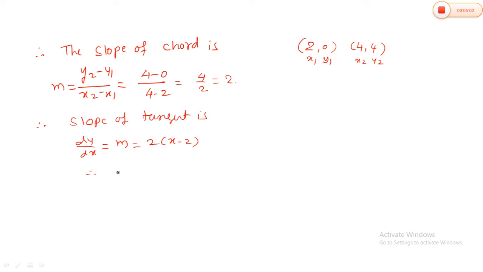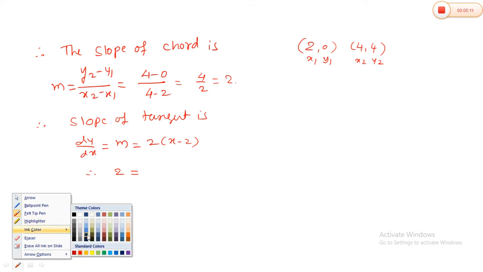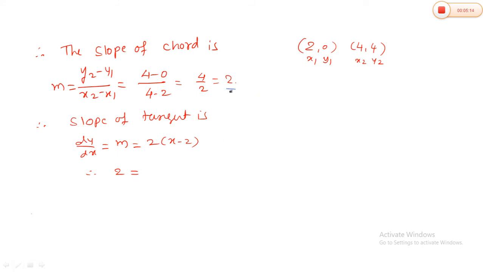Therefore 2 equals 2 into (x minus 2). This 2 cancels, so 1 equals x minus 2. Therefore, x equal to 3 is the point.